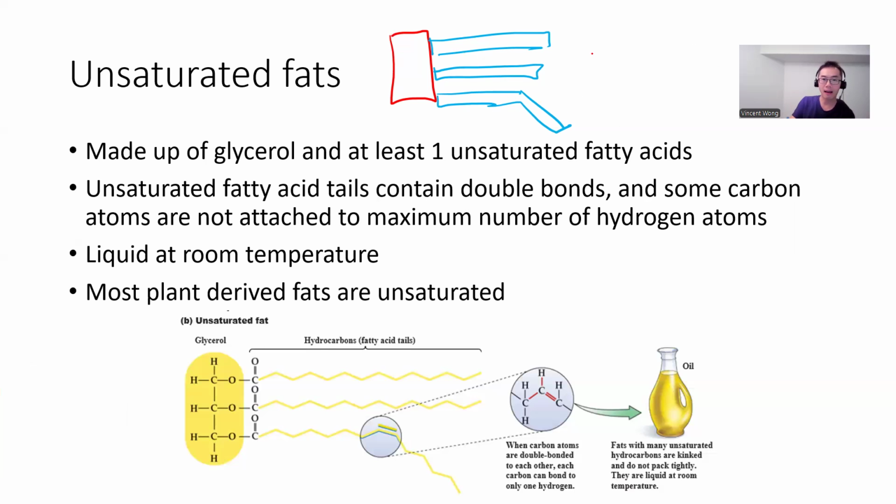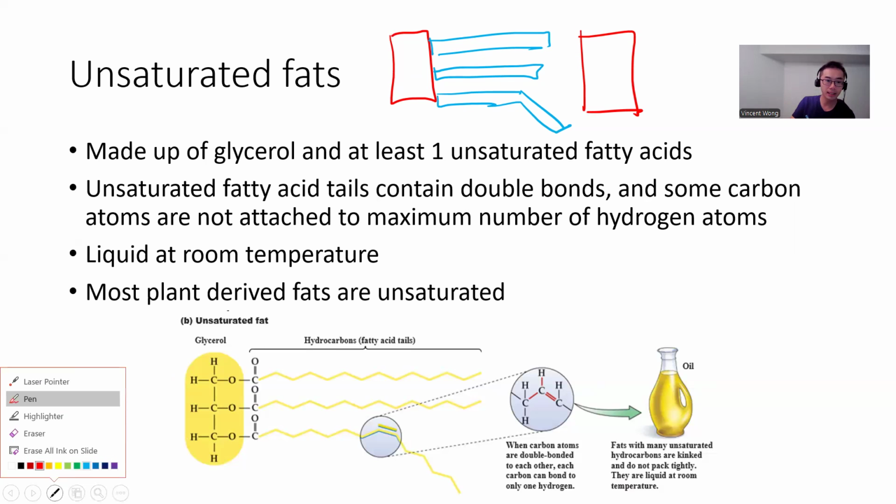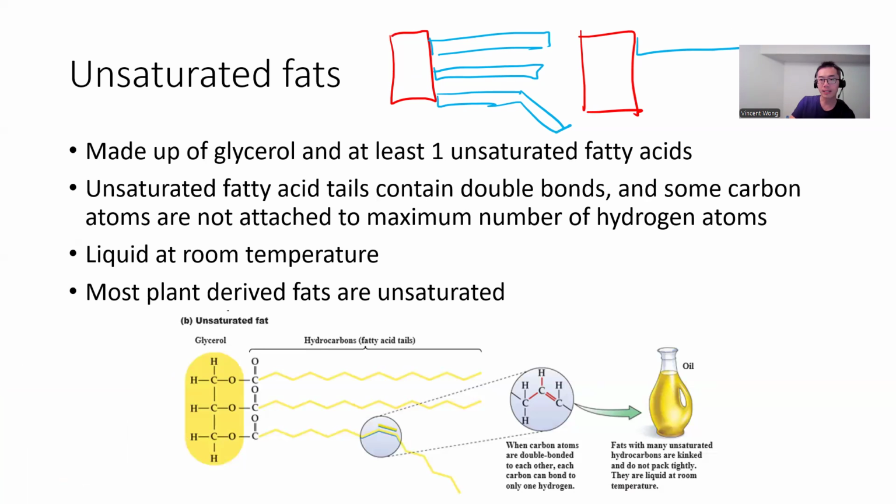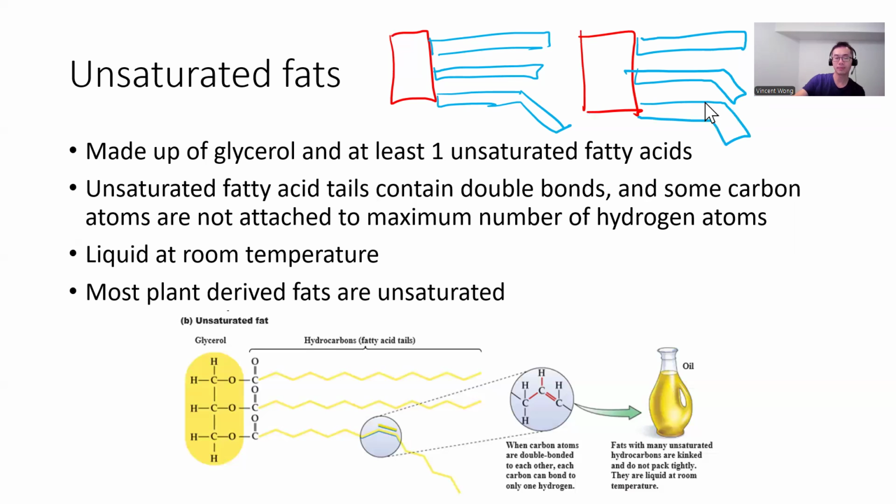You can have another one, glycerol, and then a saturated fatty acid, an unsaturated fatty acid, and another unsaturated fatty acid. And this whole thing would still be unsaturated. So if at least one of the blue things is unsaturated, then the whole thing is unsaturated. You can have 3 unsaturated fatty acids, then it would make it a polyunsaturated fat.